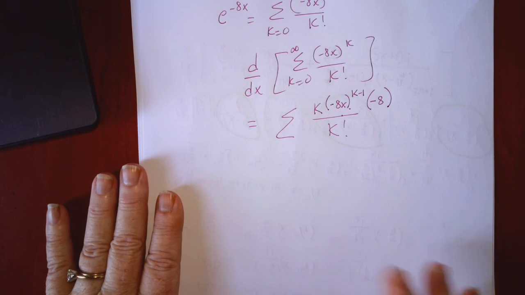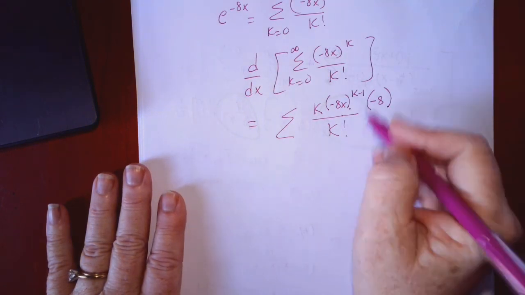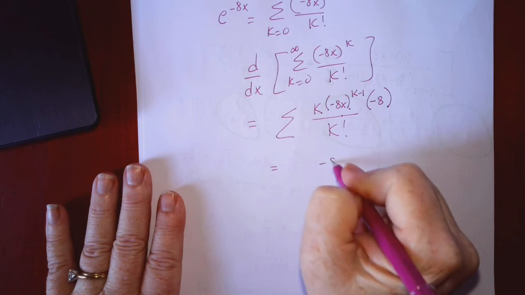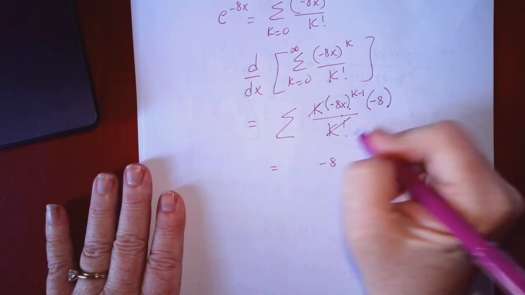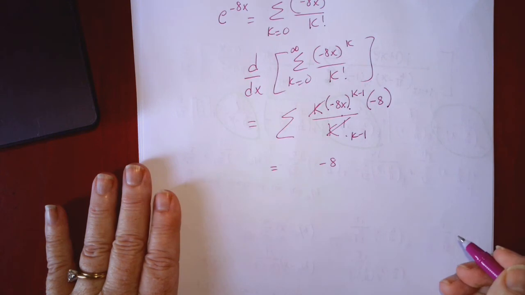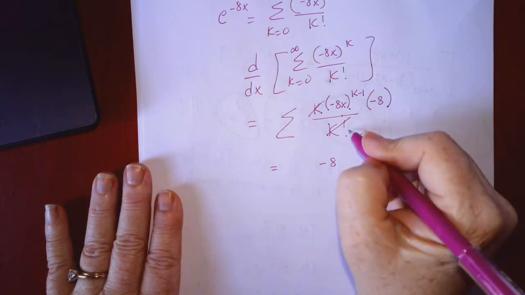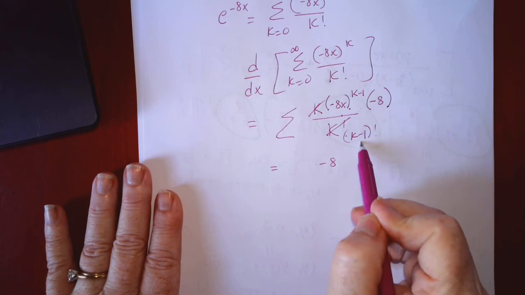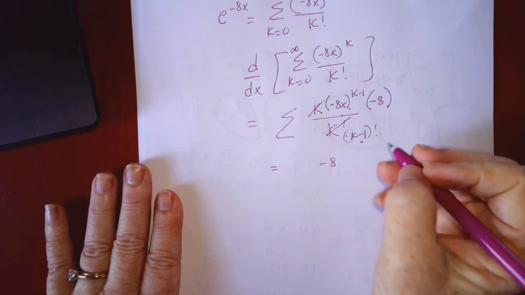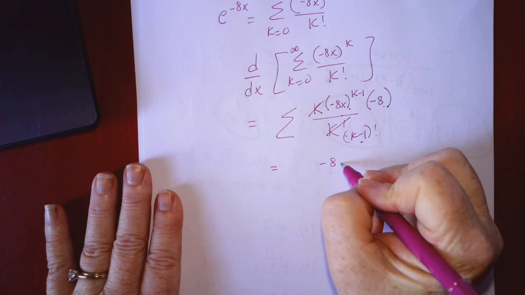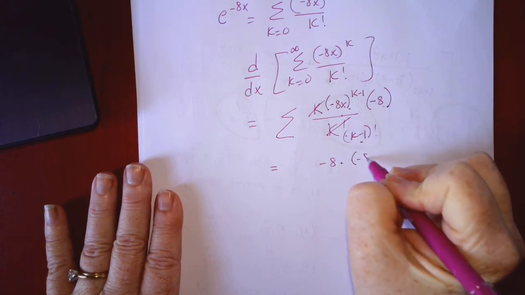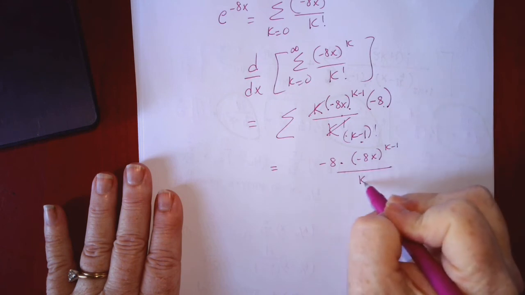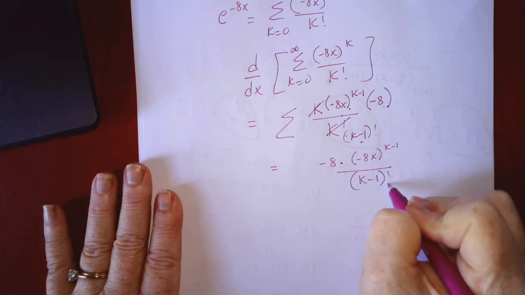All right. Now, simplifying, that's going to be a negative 8. Cancel with that, k minus 1. Because remember, k cancels with k factorial and leaves a k minus 1 factorial. So we will have negative 8 times negative 8x to the k minus 1 over k minus 1 factorial.